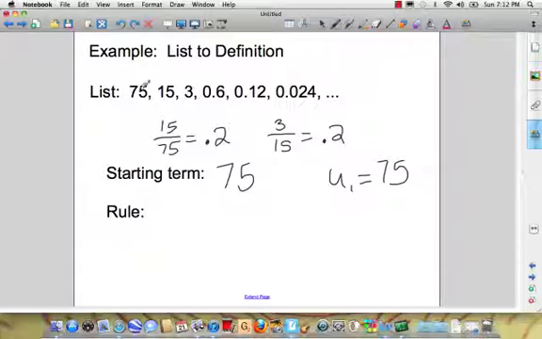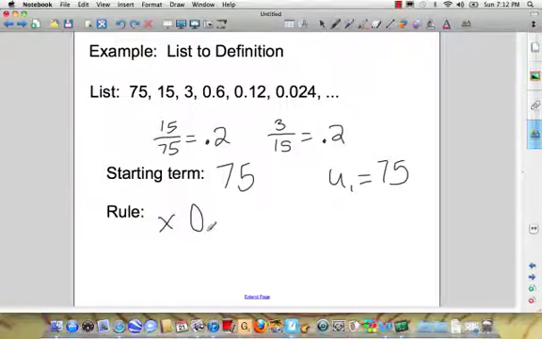Or you could just start at 75, multiply by 0.2, and again, and you would see that you get the numbers listed here.